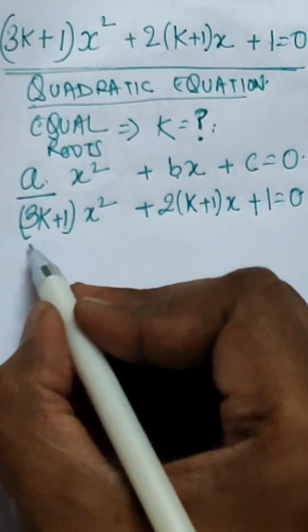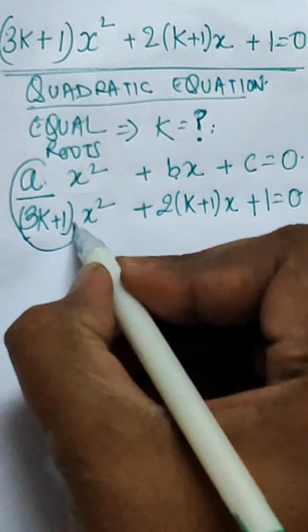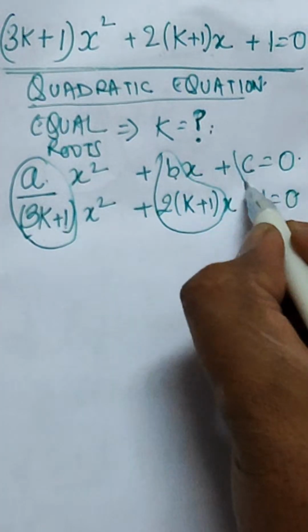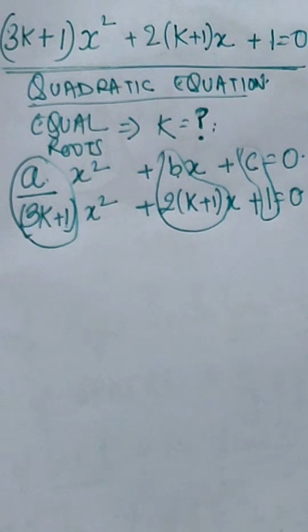So here we can see a as 3k plus 1, b as 2(k plus 1), and c as 1.